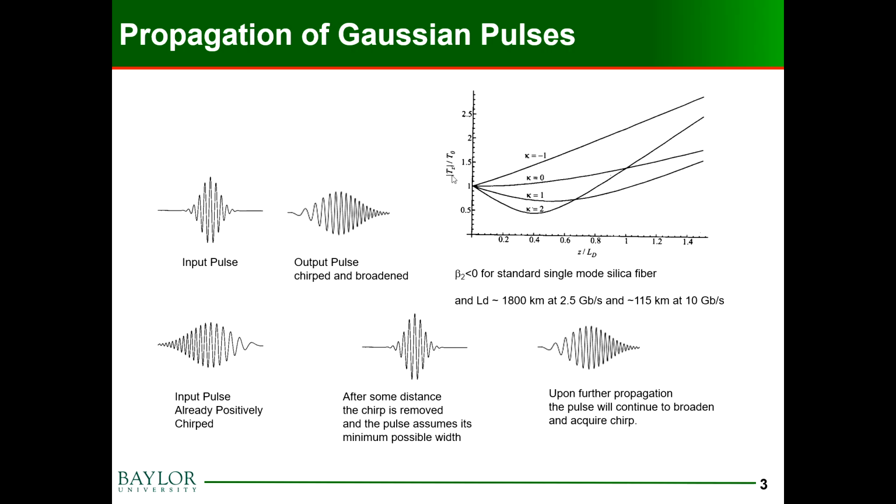This picture shows T(z), a Gaussian pulse, the width during propagation divided by T naught, where T naught is the initial pulse width.